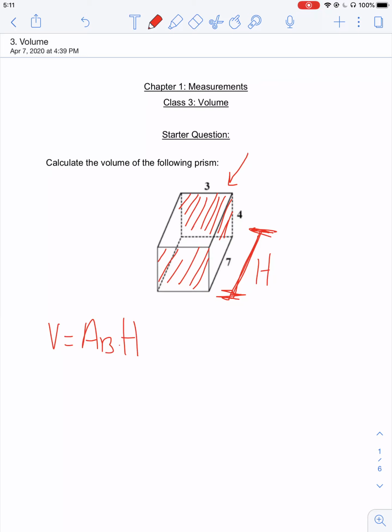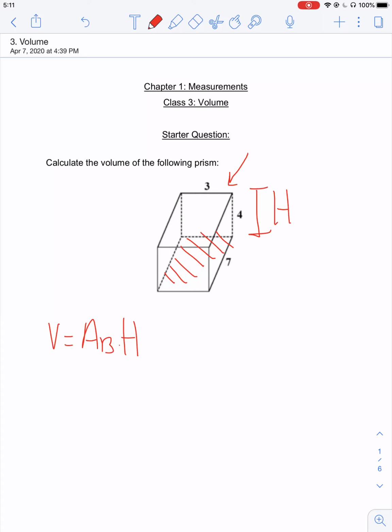So I'm going to proceed this way, but just to answer your question, because I know some people really like to choose the base to be the part that touches the bottom surface, the surface that touches the ground. So if you choose this to be your base, which you can, then that means that this will be your height, okay? Doesn't matter how you do it, at the end of the day, you're gonna get the same answer.